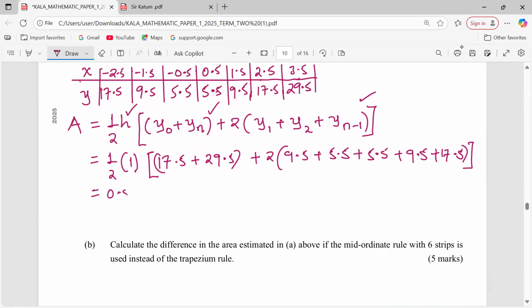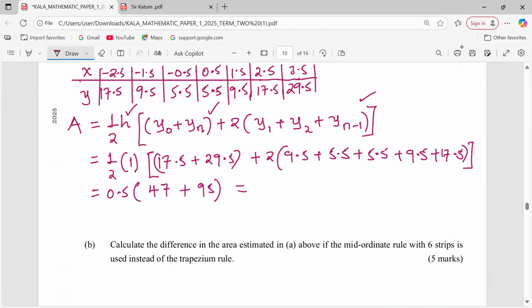Half times the interval, which is 1, into the first y, 17.5, and the last y, 29.5, those are added. Then 2 multiplies all the other y's: 9.5 plus 5.5 plus 5.5 plus 9.5 plus 17.5. Here we have 29.5 and 17.5, giving us 47. Then 2 into the sum of the other y's gives us 95.